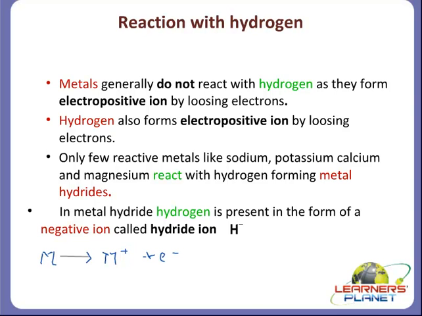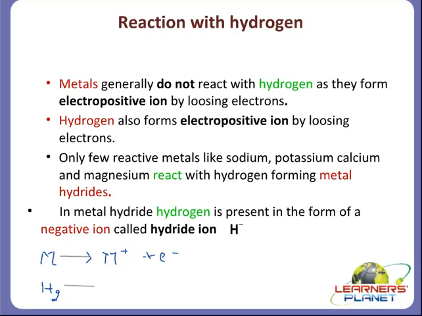Now your hydrogen also does the same thing. That is, your hydrogen atom, this exists as H2, I have always told you. Now what will it do, children? This will also lose electron.